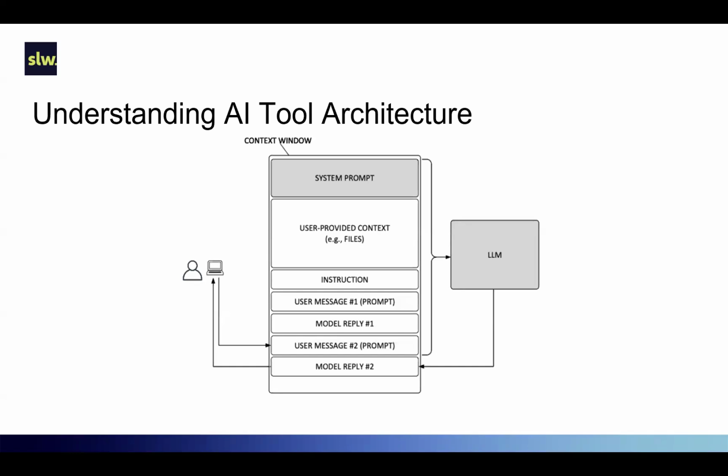Whereas a system prompt that's set by the tool provider will often guide the LLM and establish a role for the tool. So a lot of times in the context of these AI tools, you'll guide the model by explaining to the model what its role is.